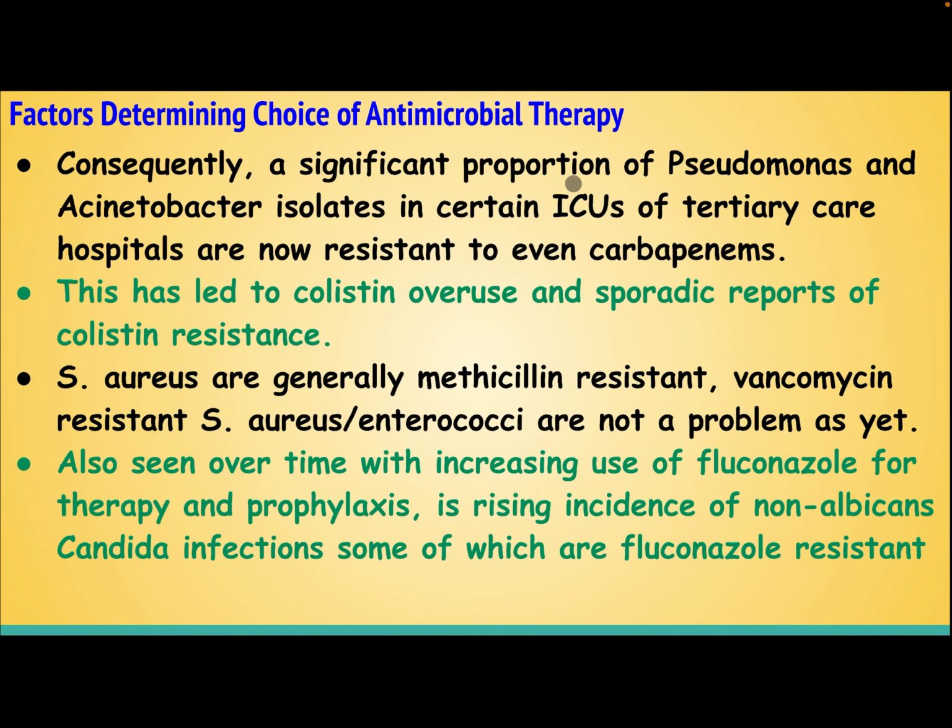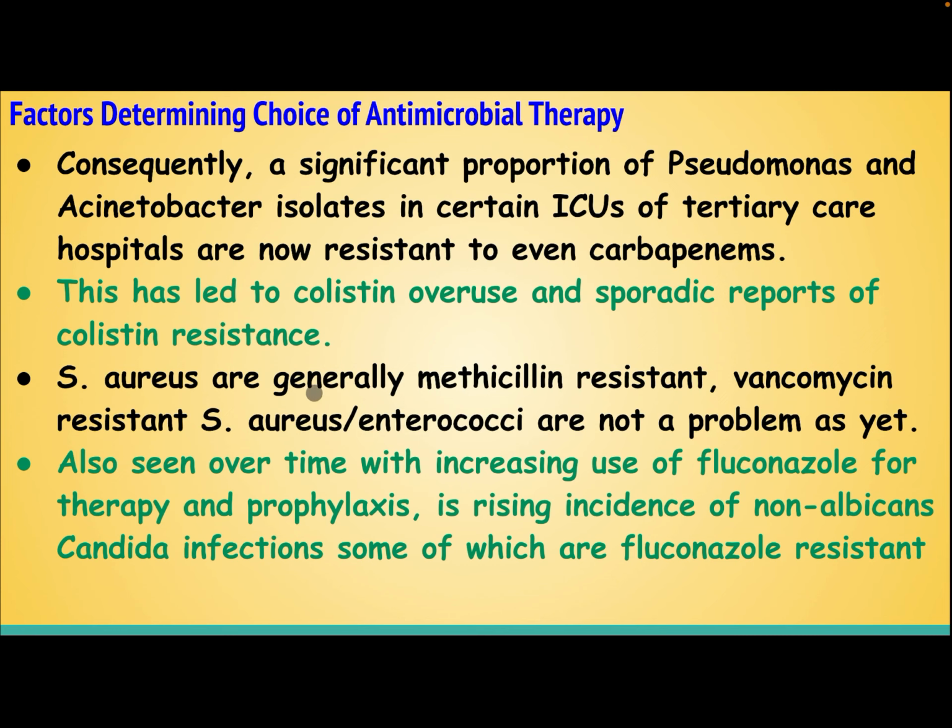Consequently, a significant proportion of Pseudomonas and Acinetobacter isolates in certain ICUs of tertiary care hospitals are now resistant to even carbapenems. This has led to colistin overuse and sporadic reports of colistin resistance.